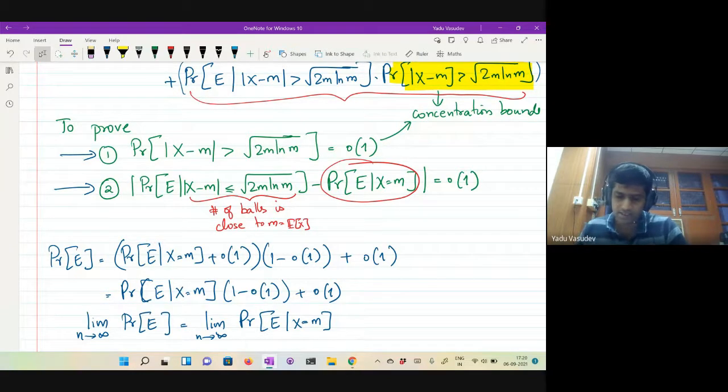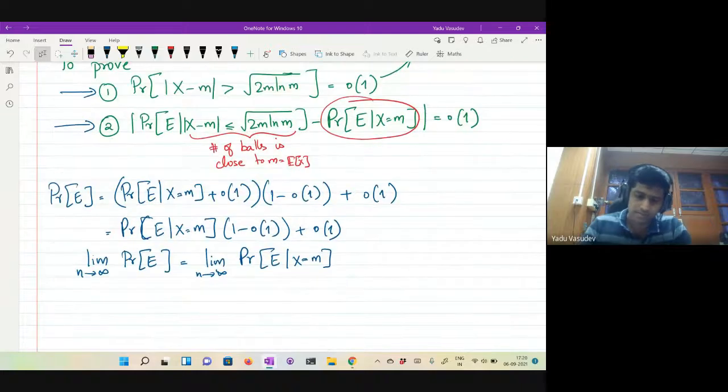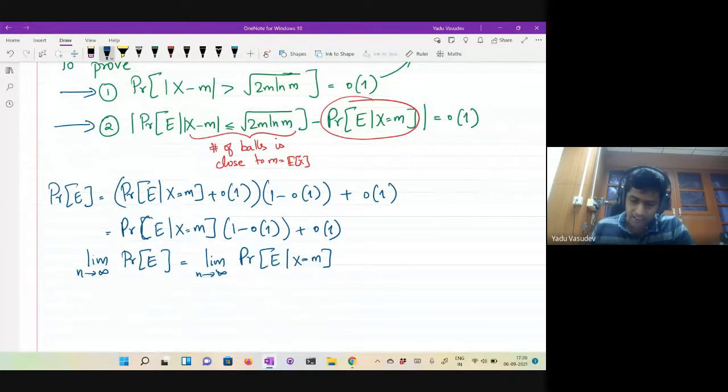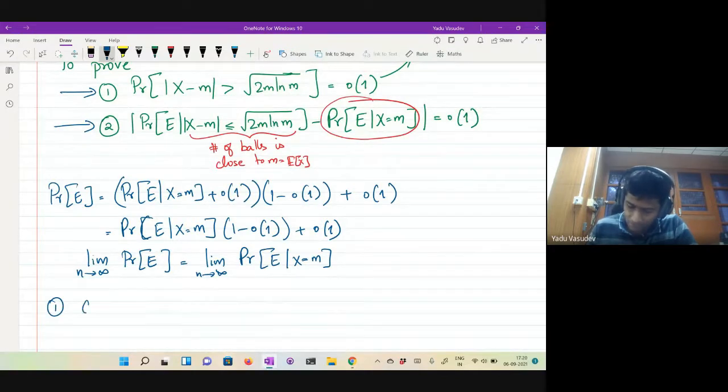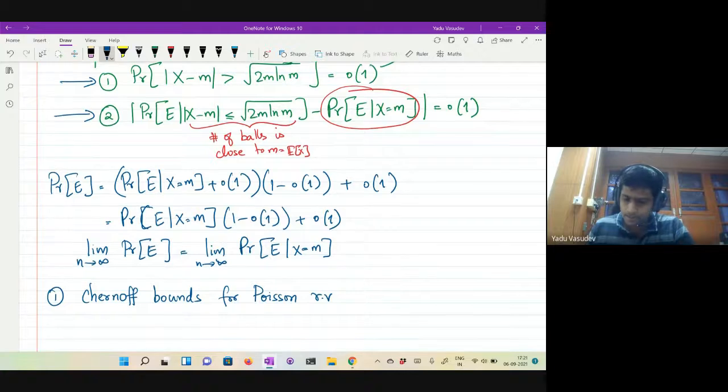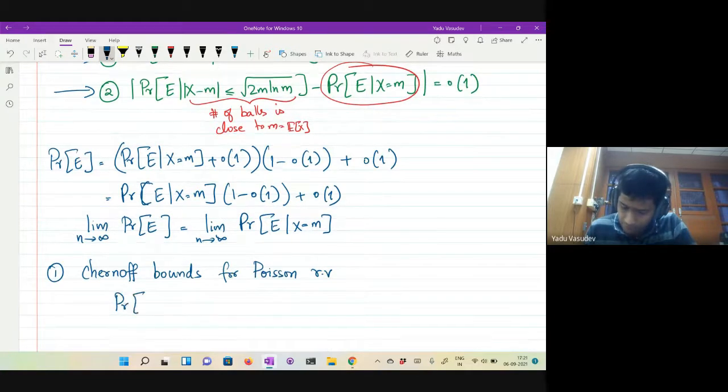Okay, so let's just briefly go over the proofs. Part one I'll just write down, but you can probably see it. Part one basically follows from the Chernoff bounds for Poisson random variables. That gives you a bound for the probability of X greater than or equal to x, upper bounded by, what was the value?